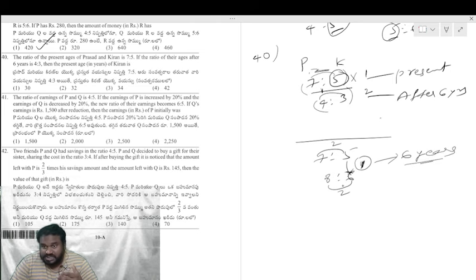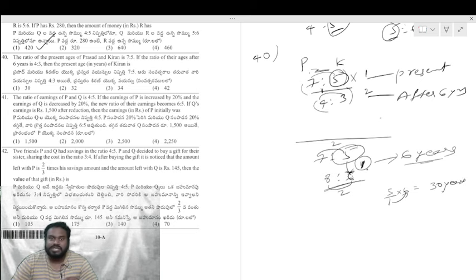What is the difference? 1. So this 1 increase is responsible for 6 years. And what about the 5? 5 parts, 5 into 6. If 1 is 6, what is 5? 5 by 1 into 6, 30 years. 30 years is the present age.